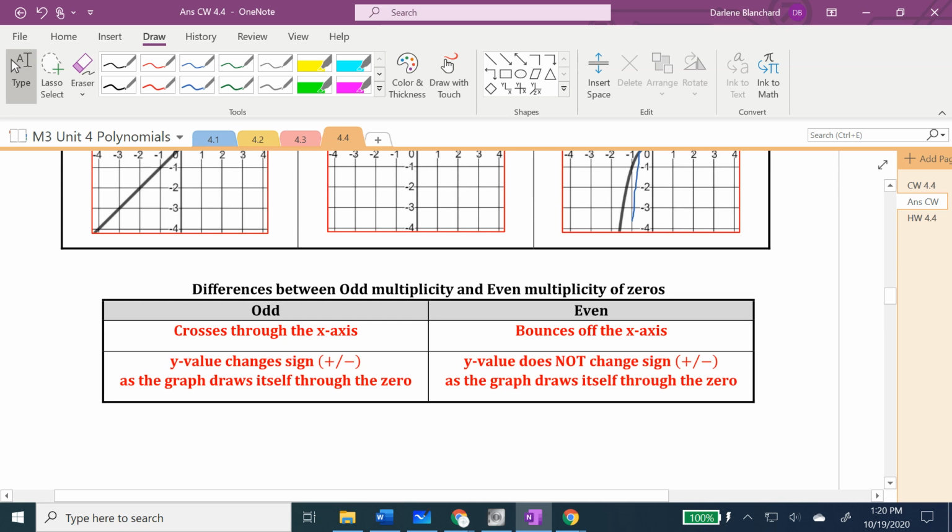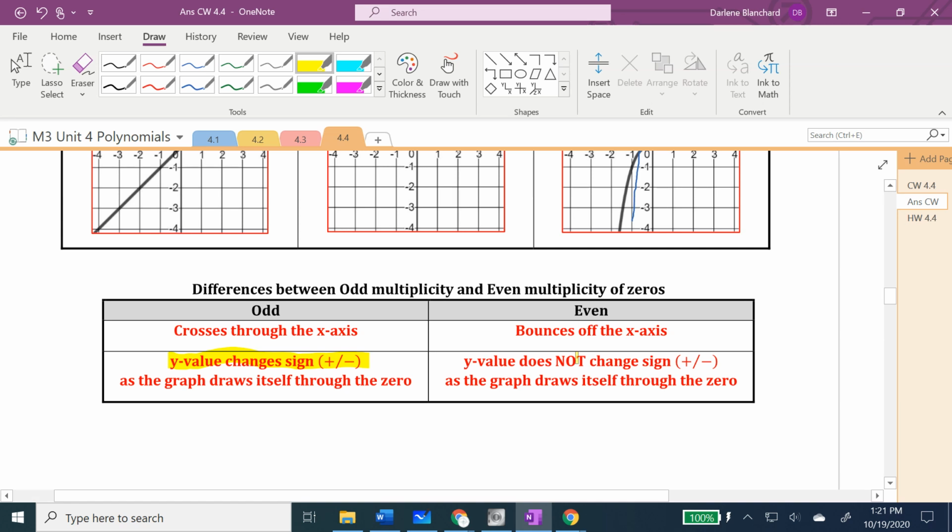So, the differences between the odd and the even multiplicity are important to understand. When you have an odd multiplicity, the y value of your polynomial is allowed to go through a sign change.